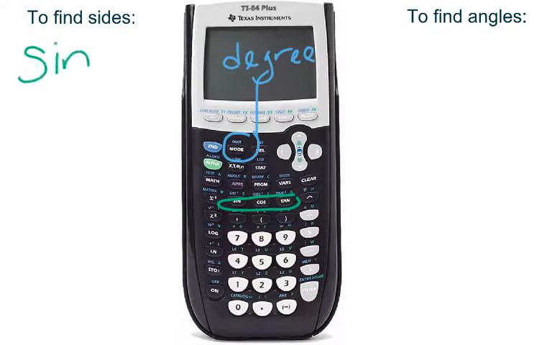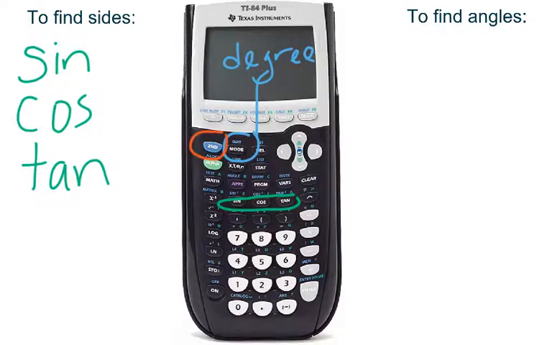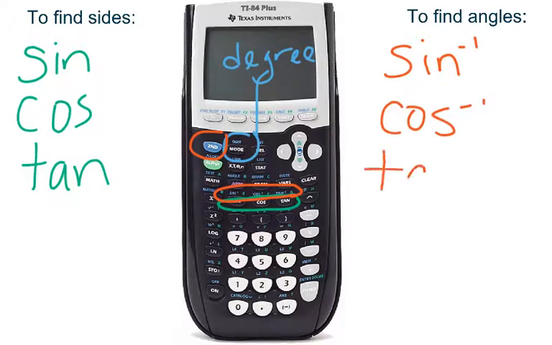These white buttons, regular sine, cosine, and tangent, are to find side lengths. When you're finding angles, you have to hit the second button, and that's how you get the inverse sine, cosine, and tangent. That's how you get sine to the -1, cosine to the -1, or tangent to the -1. These buttons you're going to use when you're finding angles.